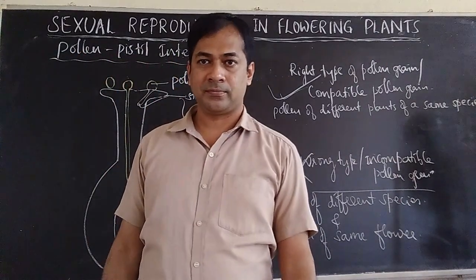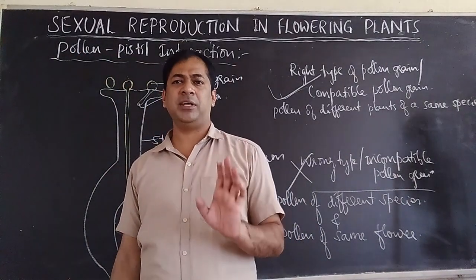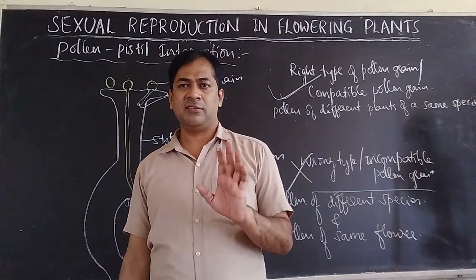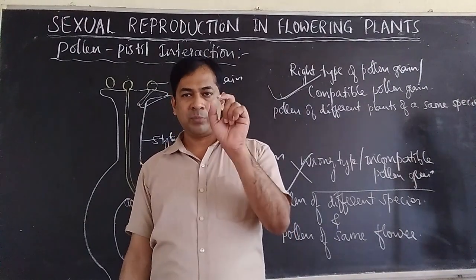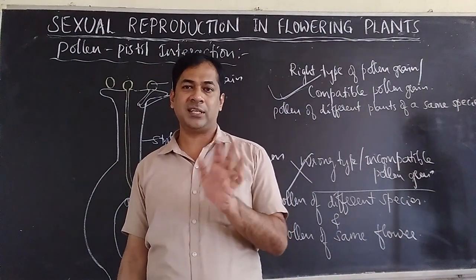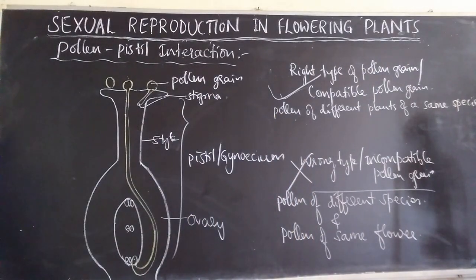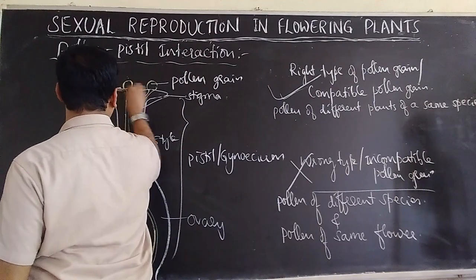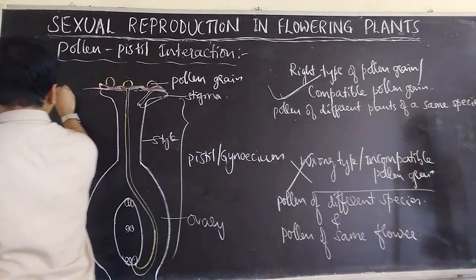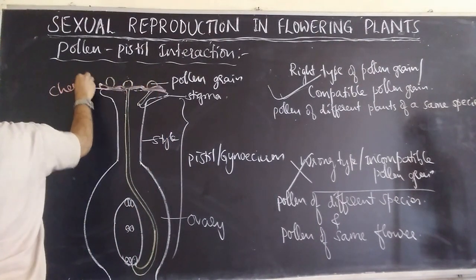How will it not support? The stigma doesn't produce a chemical. You remember that chemical is food for the pollen grain to produce a pollen tube. Without that chemical, I can show you here with different colors. Suppose the stigma produces one type of chemical here. See, I am writing it as a chemical.